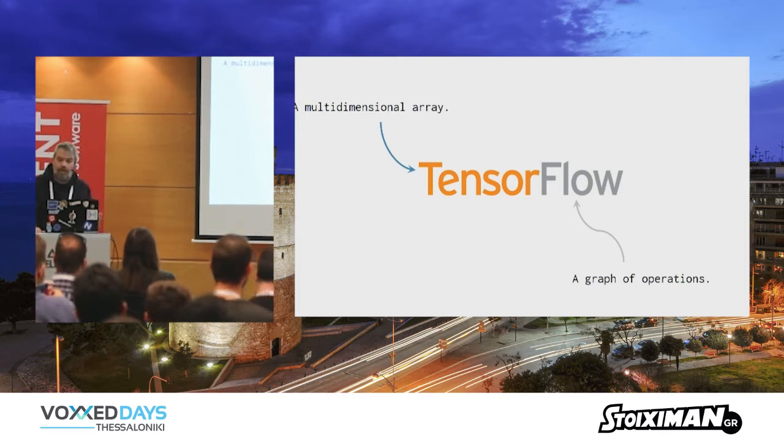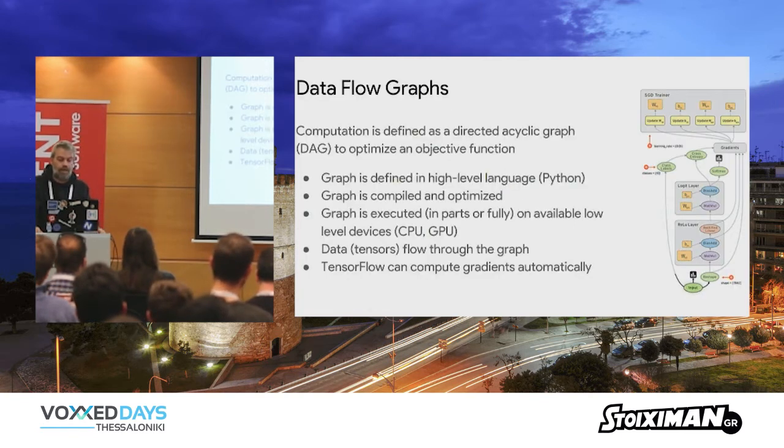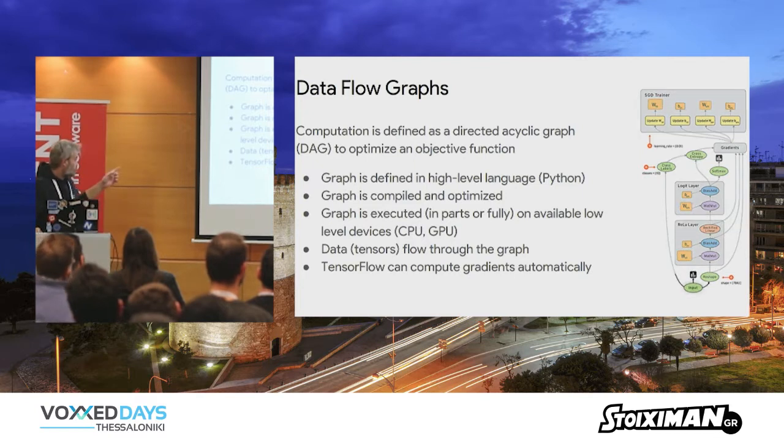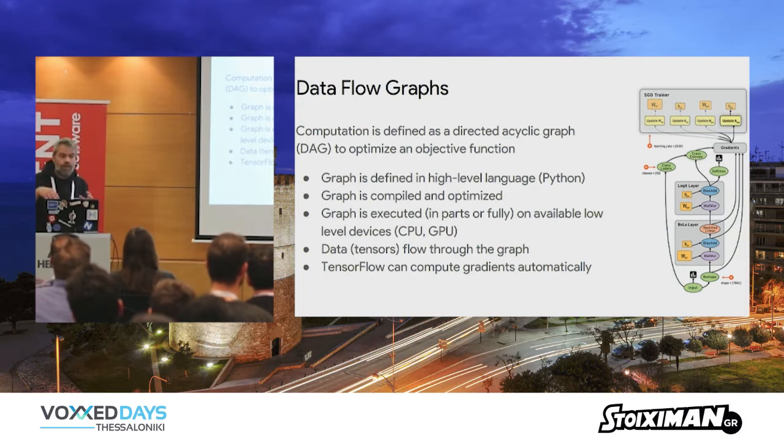Flow is actually the operation of that array that goes inside the neural network. This is a little bit of a graph. You see that the flows go throughout a graph of operations, and then the gradients come out automatically.